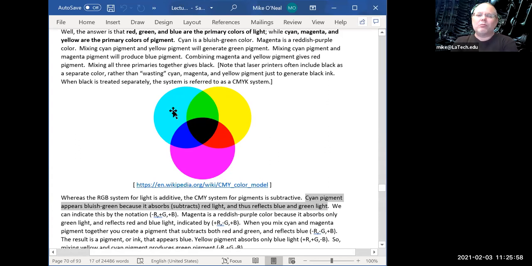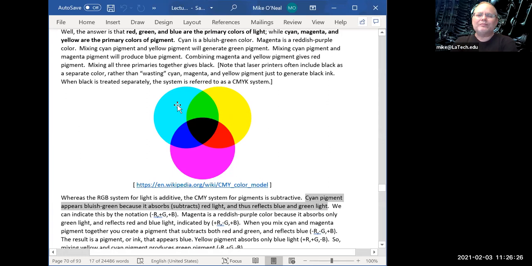Why is it black? Well, because the cyan is subtracting red, the magenta is subtracting green, and the yellow is subtracting blue. Well, if you subtract red, green, and blue, what do you end up with? Black, right? The absence of reflected light, because if you mix all three of the pigments together, you're not reflecting any of the colors, you're absorbing all of them.